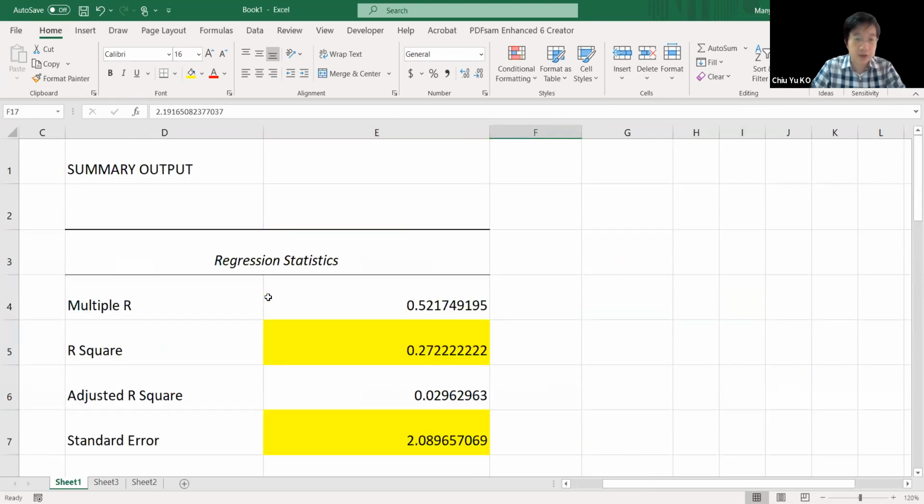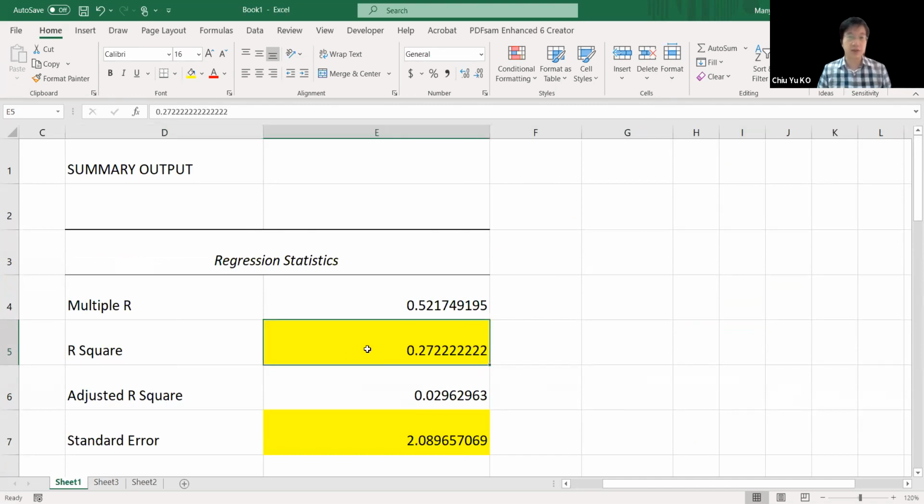And what is the coefficient of determination? Oh, in linear regression, R square is just the square of the correlation coefficient. R square they call the coefficient of determination. If you look at the textbook, if I remember correctly, check the textbook.